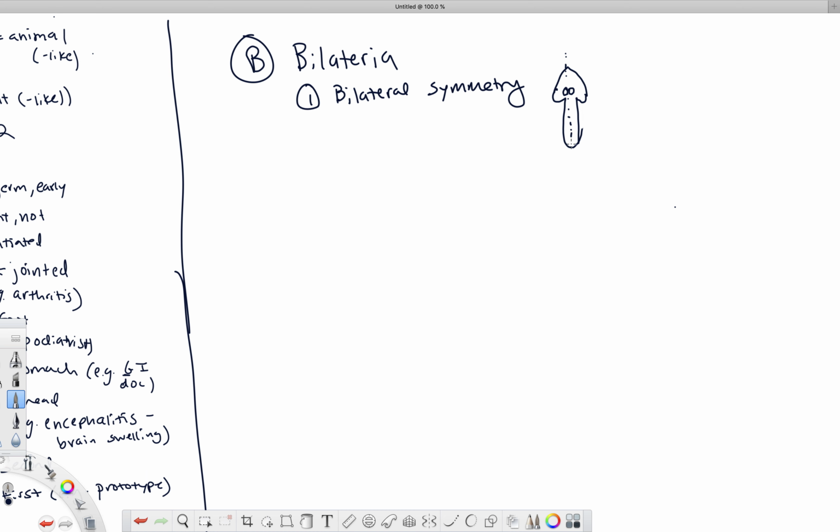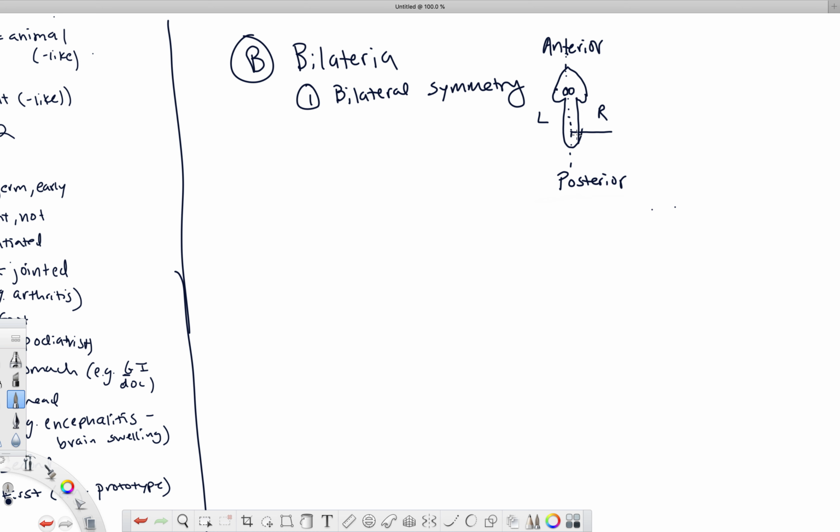You can see that if I split it, we would have a left side and a right side. But if I split it across this way and try to fold it, the head and the tail are not the same. It's starting to differentiate the head and the tail. The head region is called the anterior. The tail is the posterior. You've got left and right sides.